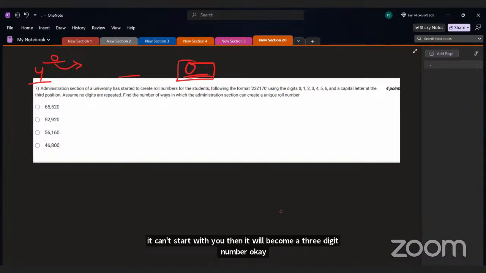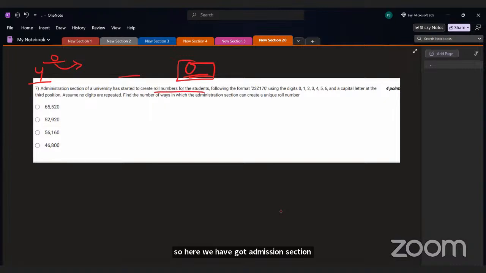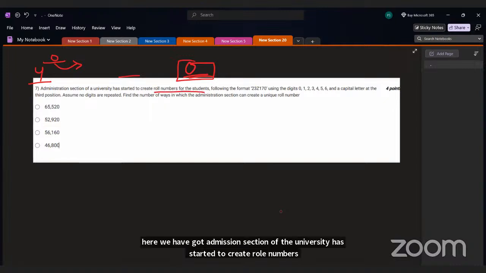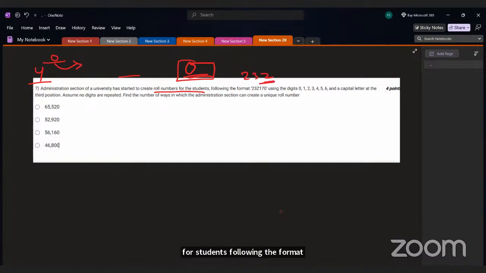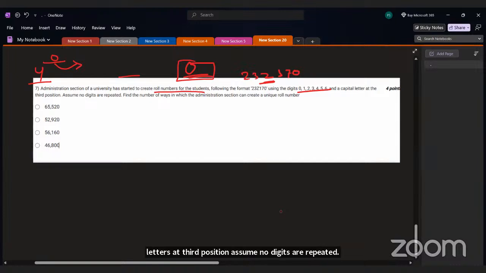Here the administration section of a university has started to create roll numbers for students following the format 23Z, where Z is an alphabet, 170, using the digits 0 to 6 and capital letters at the third position. Assume no digits are repeated. Find the number of ways in which the administration section can create a unique roll number.